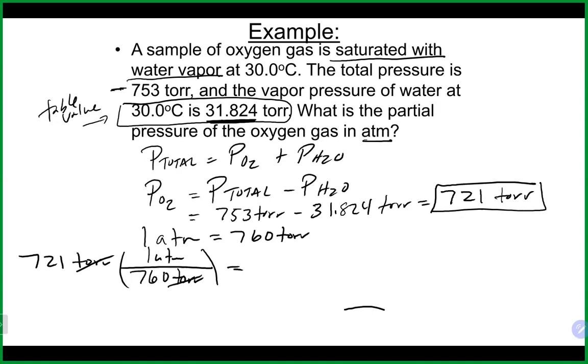We're essentially dividing 721 by 760, which gets us 0.949 atmospheres. And again, that would represent the pressure of the dry oxygen gas in atmospheres.